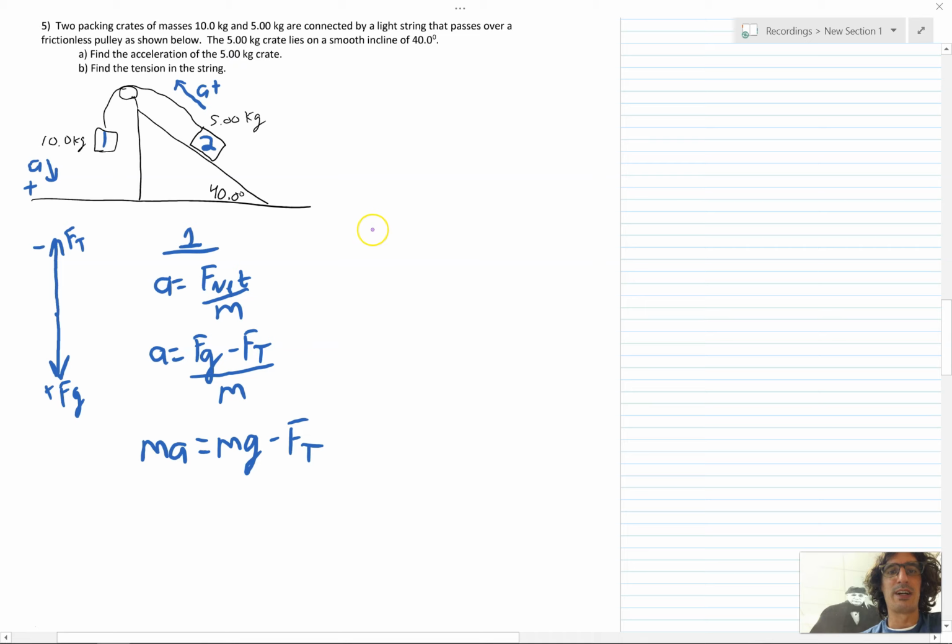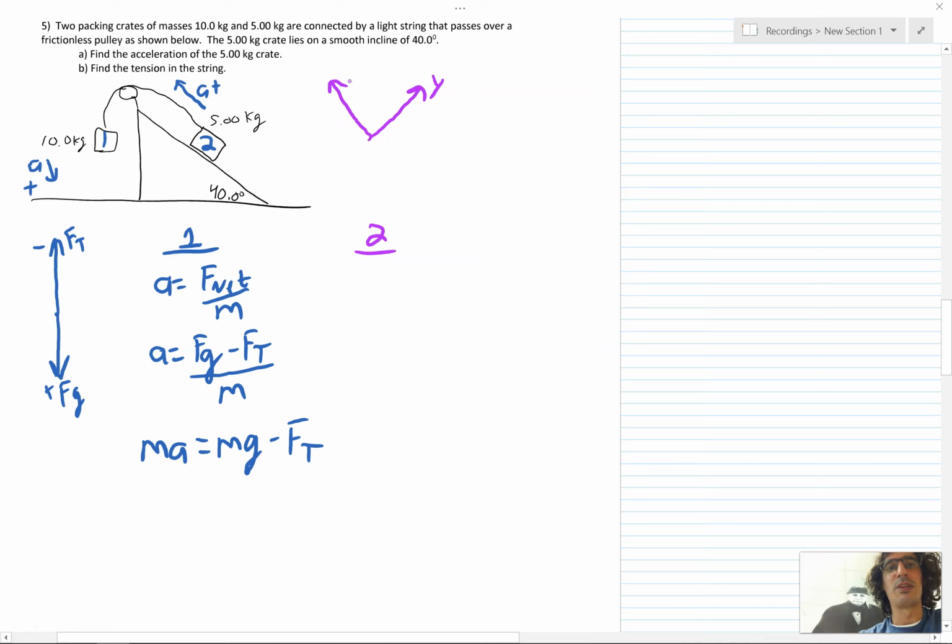To do that, let's look at object 2. Object 2 is on an incline, so we're going to rotate our coordinate plane, or xy axis, to make the math easier. Our positive y direction is going to be perpendicular to the inclined plane, and our positive x direction will be parallel to the inclined plane.